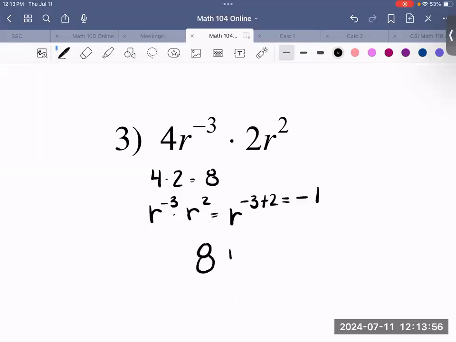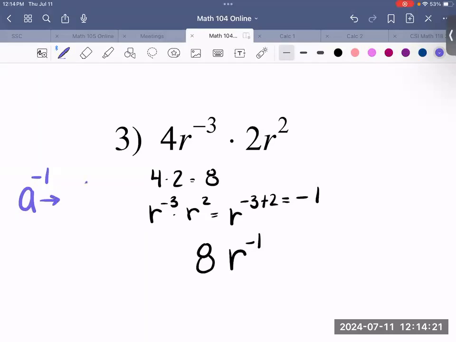So while it looks like we have the two values having come together now as 8r to the negative 1st power, we are not able to have negative exponents. So in this case, if you have a to the negative 1st power, for example, we have to transition this to then go below the division sign.